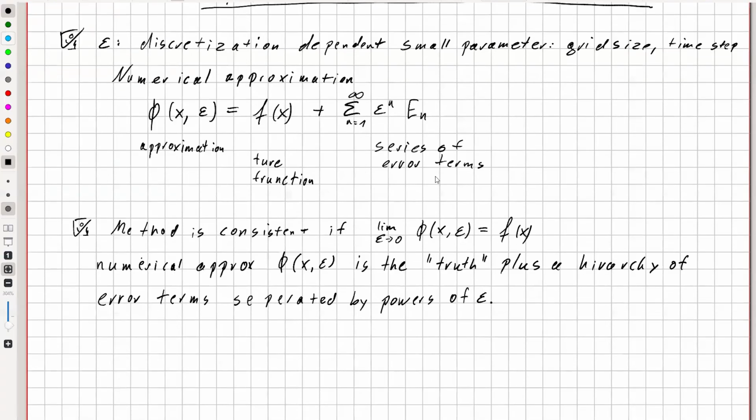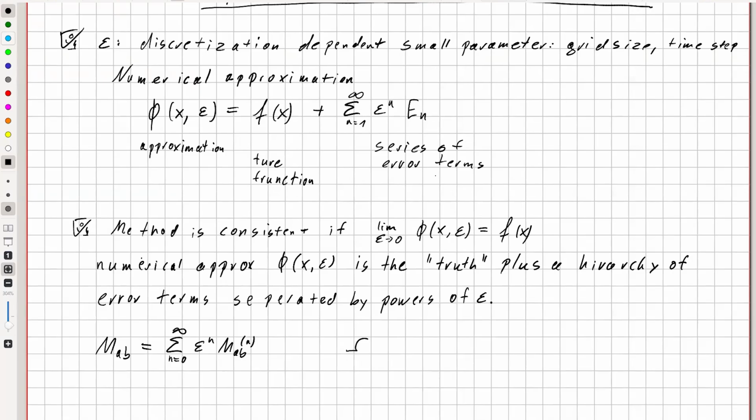So what does this mean for our solutions? Say we have a solution for any moment, M_AB, and we assume that we can write this as a sum from n equals 0 to infinity of epsilon to the power of n, M_AB of the order n.